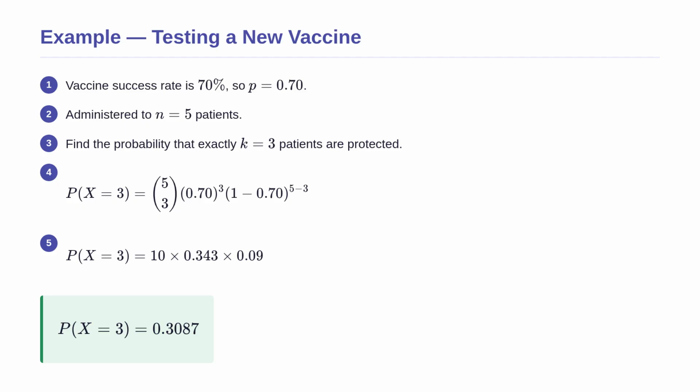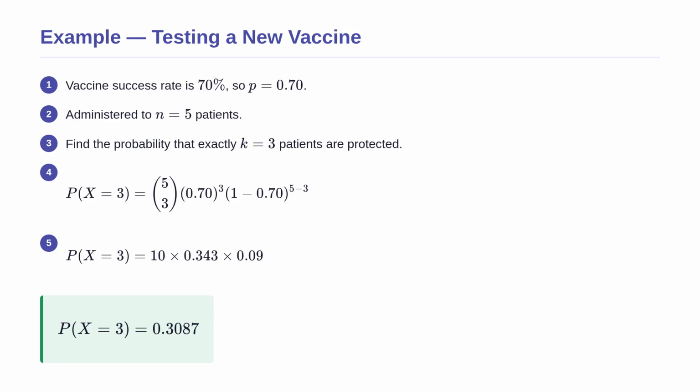Before we move on, let us see this with a concrete example. Suppose a new vaccine has a 70% chance of successfully preventing a viral infection. A clinic administers this to exactly 5 patients. We want to find the exact probability that exactly 3 out of these 5 patients are protected. We chose the binomial formula because we have fixed, independent trials with binary outcomes.